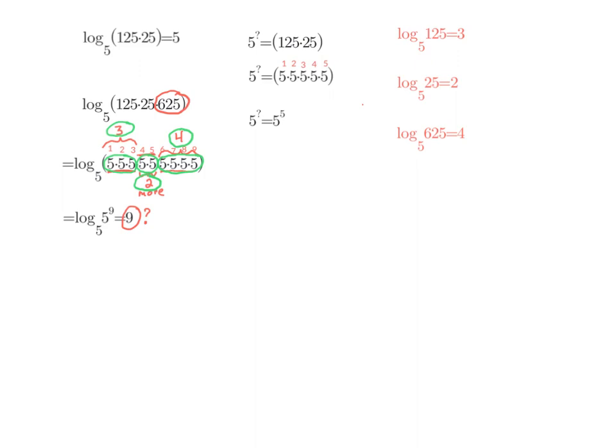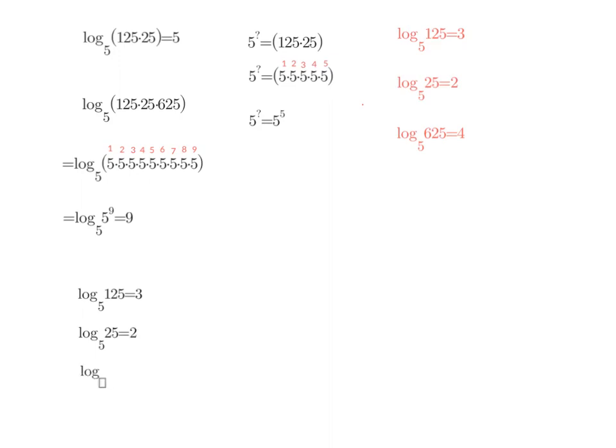So when I have the log base 5 of some value, 125, and that equals 3, and the log base 5 of another value, 25, and that equals 2, and the log base 5 of 625, and that equals 4. What happens when I take the log base 5 of 125 times 25 times 625, when I start multiplying these together?